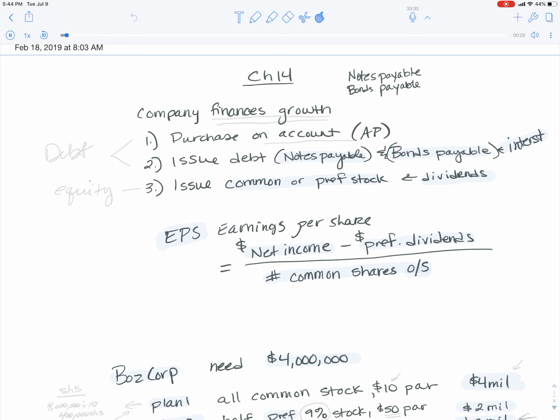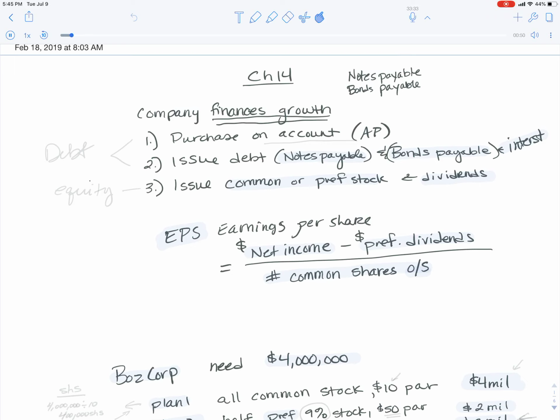So you just got finished reviewing Chapter 13, which was on corporations and how corporations raise money. And there are lots of reasons why a company wants to raise money. Primarily they want to finance their growth.